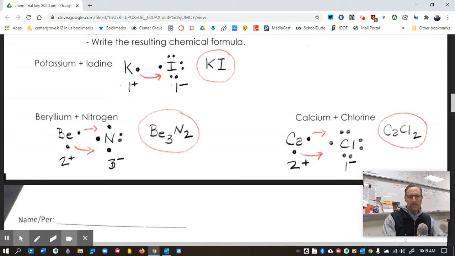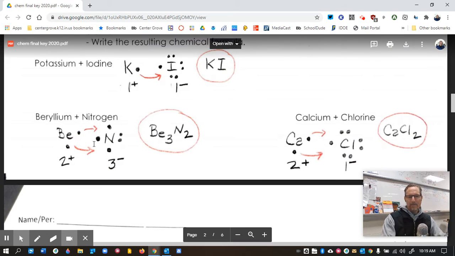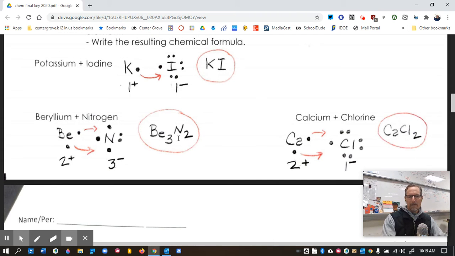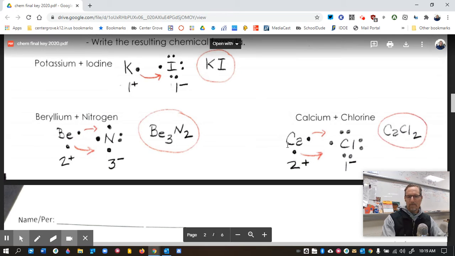So it wants to form a 3- ion. So I can use my crisscross method here, in order to get that into a balanced molecule, so the ionic charges are balanced, where I have beryllium 3 and nitrogen 2. So I have 3 beryllium atoms and 2 nitrogen atoms that make up that molecule.